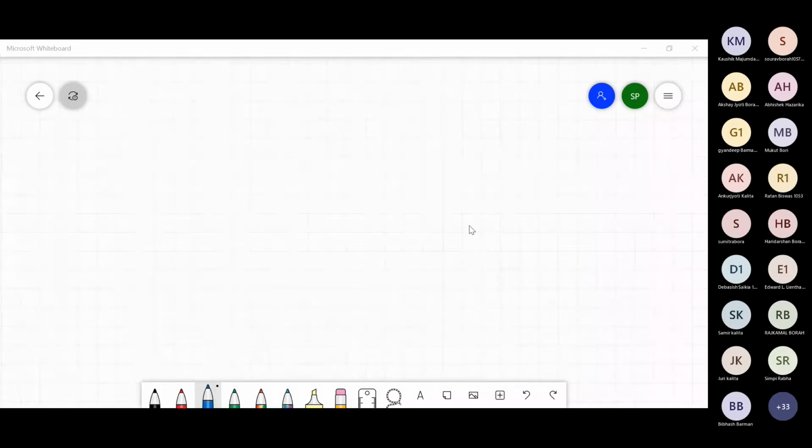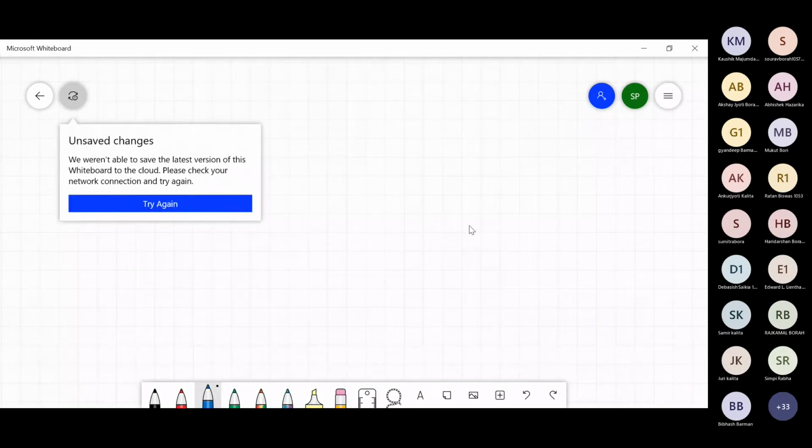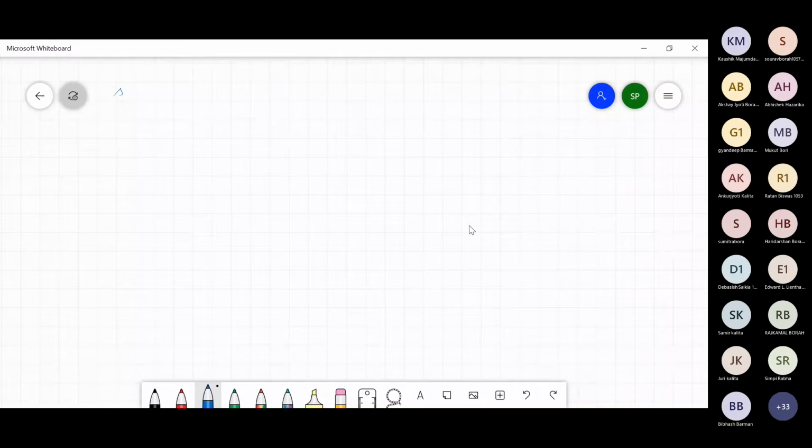One is Euler's method. So what is Euler's method?